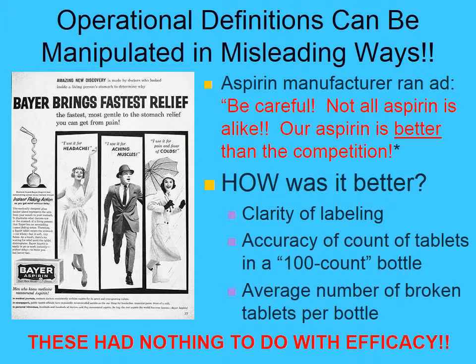But of course, they were hoping that consumers who viewed this ad would assume that the efficacy of their aspirin was better with their brand. So, pretty misleading, even though they did allow people to write to them to find out what their operational definition of being better was.